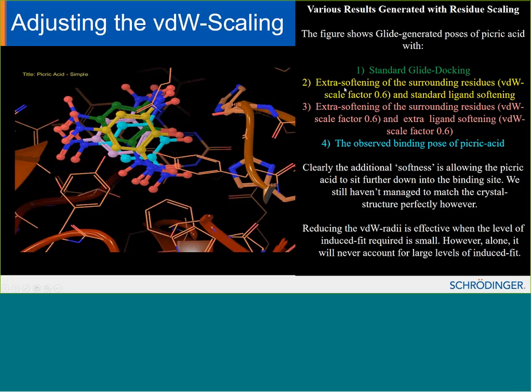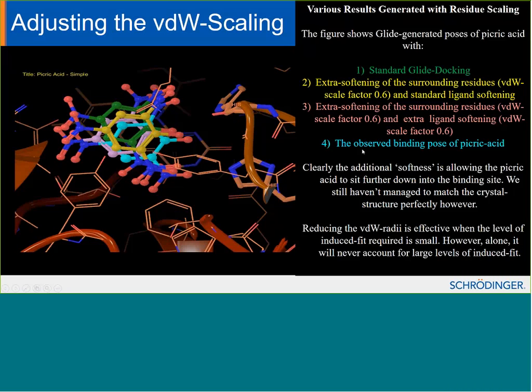A little bit of softening around the surrounding residues in the protein, to 0.6, with a standard ligand docking, so the ligand remains at 0.8 but the receptor goes down to 0.6, allows us to push that ligand a little bit more into the active site. And if we soften the potential even further, both the ligand and the protein, it moves around a bit, but you have to be careful because you're creating more and more room, so the ligand has more degrees of freedom to do whatever it wants.